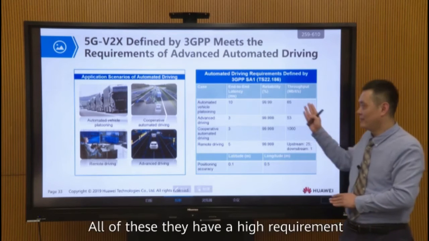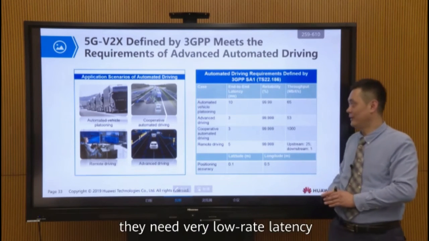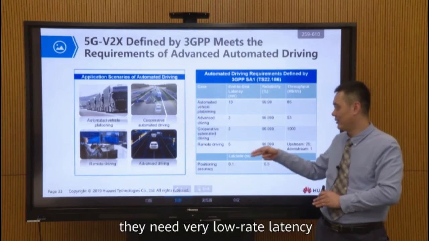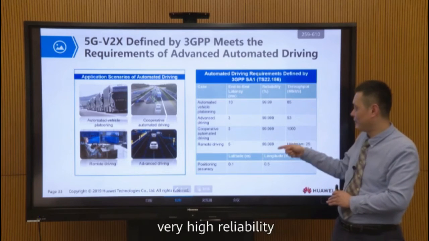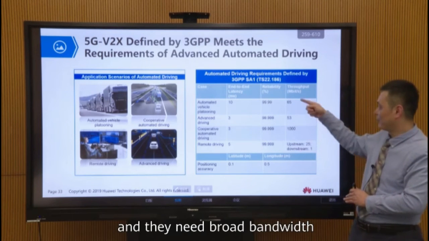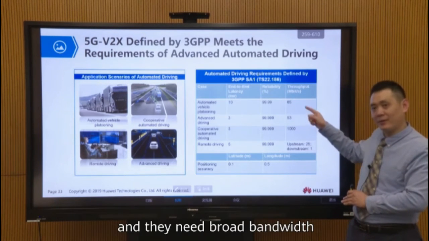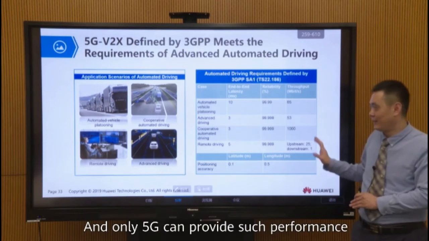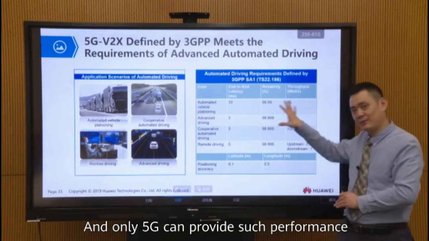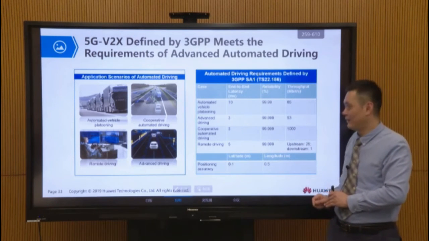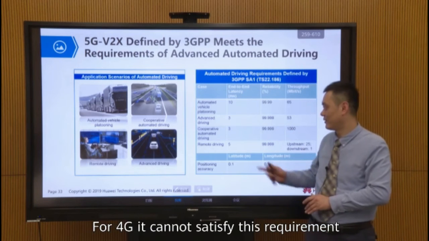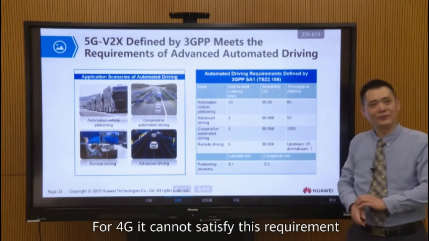All of these have high requirements for the network. They need very low latency, very high reliability, and broad bandwidth with high throughput. Only 5G can provide such performance. 4G cannot satisfy this requirement.